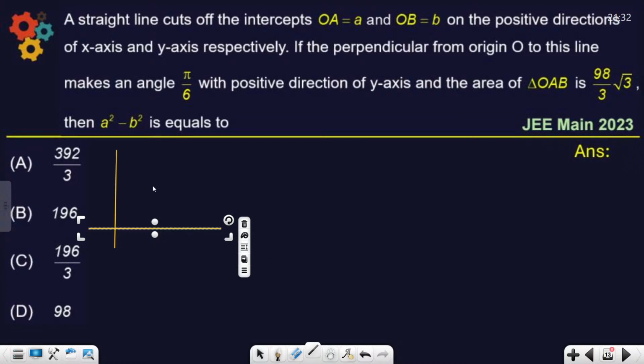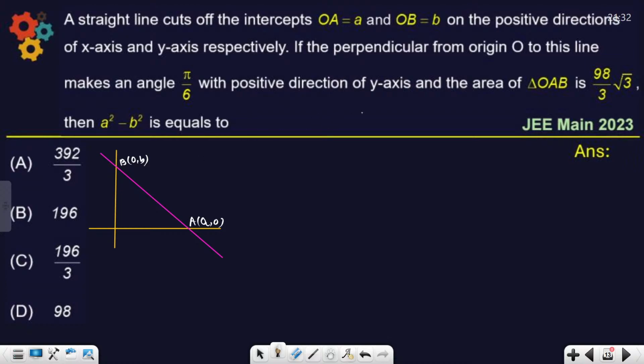Let me change the color of the pen. This is the line. And they have said that this point is A, which is (A, 0), and this point is B, which is (0, B).